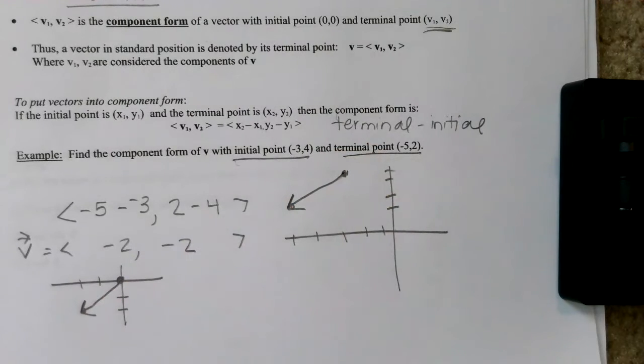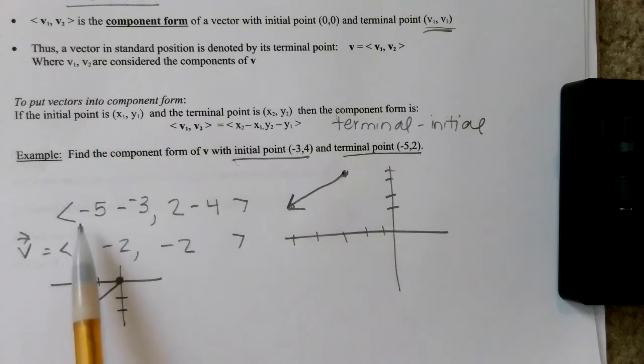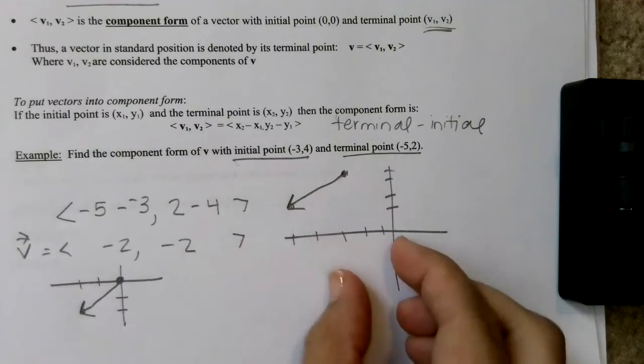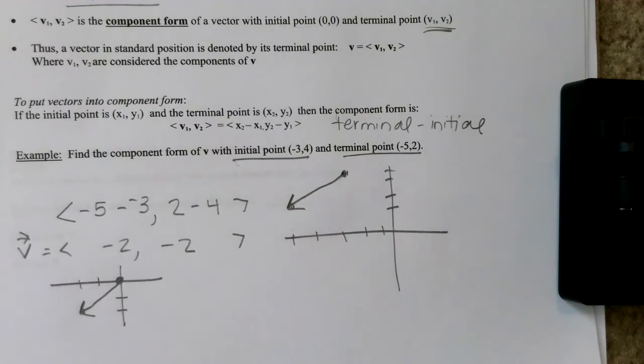So it's the same vector, it has the same length or magnitude, it has the same slope, but the position can change. You can pick it up and move it. So I don't know of anyone that would rather do it this way. Most people do terminal minus initial to put it in component form, but you could think about graphing it and moving it here. I think it would be harder, but that's what you're doing. The math in doing it is just terminal point minus the initial point to move it.